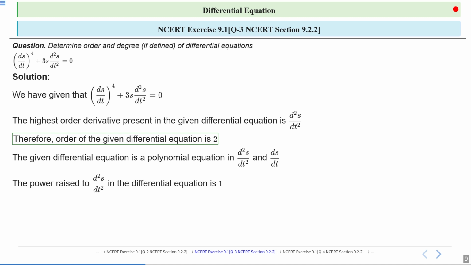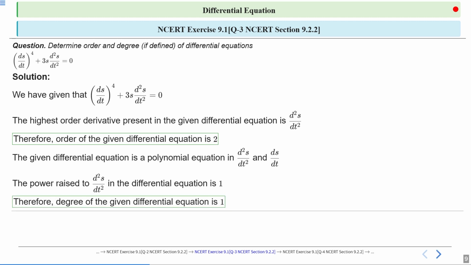As the given differential equation is a polynomial equation, and the highest order derivative is d2s by dt square, and its power is 1, the degree of the given differential equation is also 1. Okay, so this is an example of a differential equation with order 2 and degree 1. Second order differential equation with degree 1. Okay.